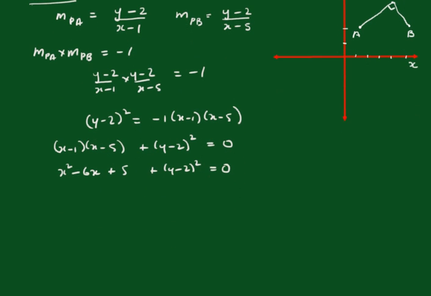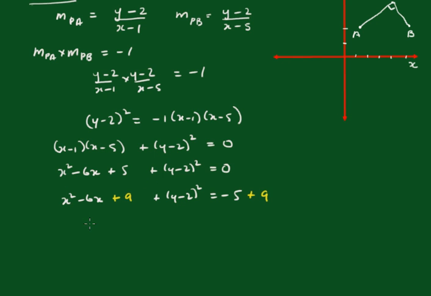Still not quite there. I'm going to take that 5 across the other side and complete the square. Okay, now completing the square, we halve that coefficient, which is minus 3, and square it, we get 9. So we add 9 to both sides.